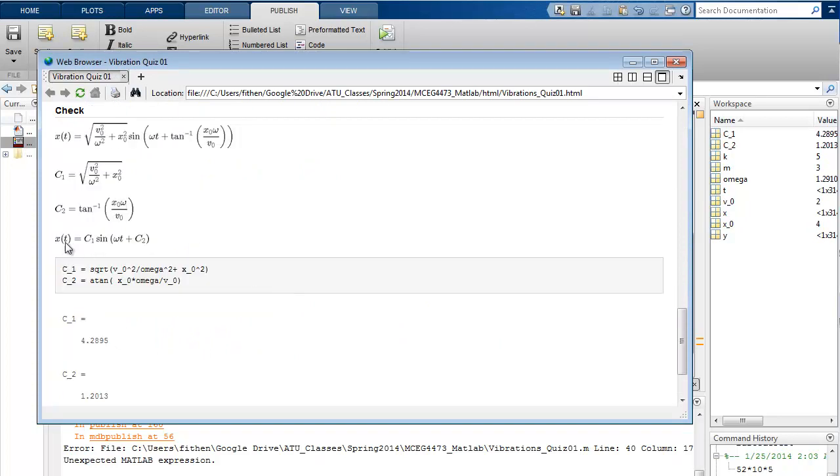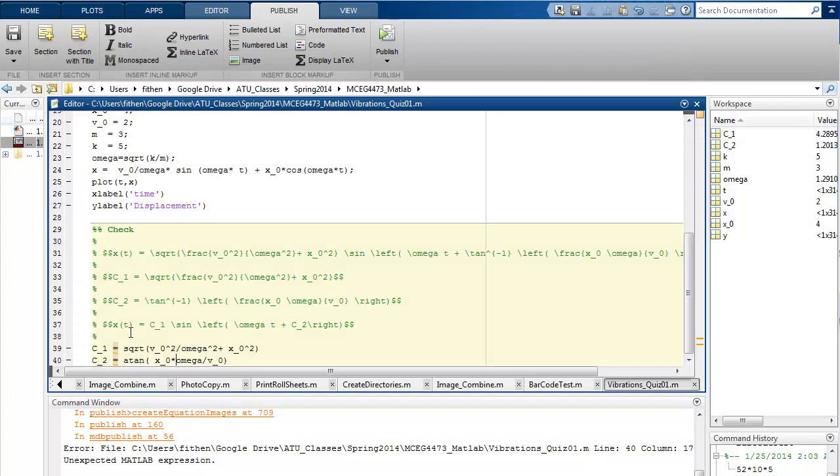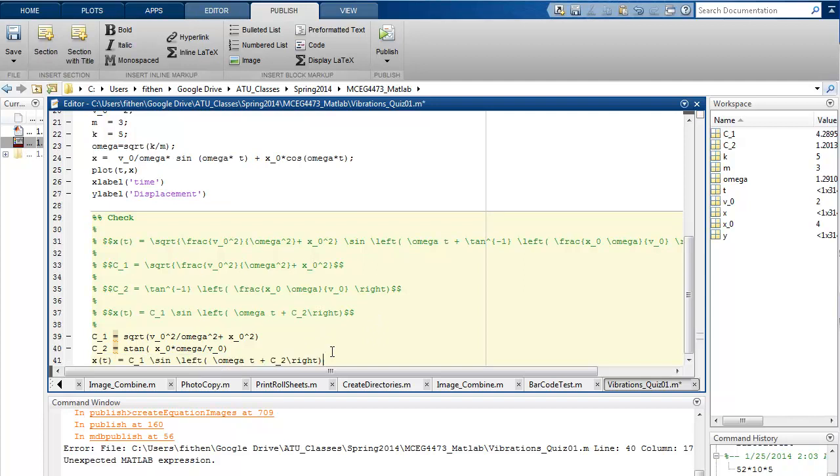Next, I want to grab this equation and put it down here. So I'll attempt to grab it. Control C, Control V. Now this one's going to run off the page, but I did that last time. Here's what I mean. C1 times sine, and then the left, and then the right.